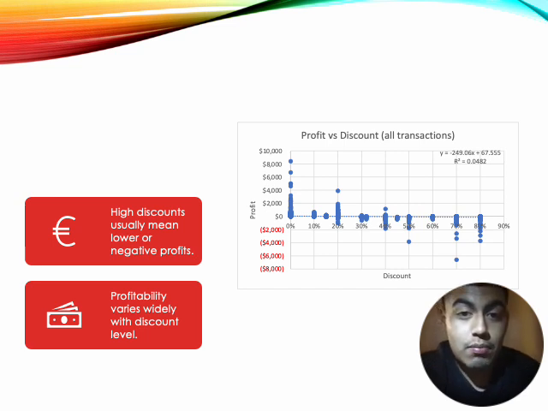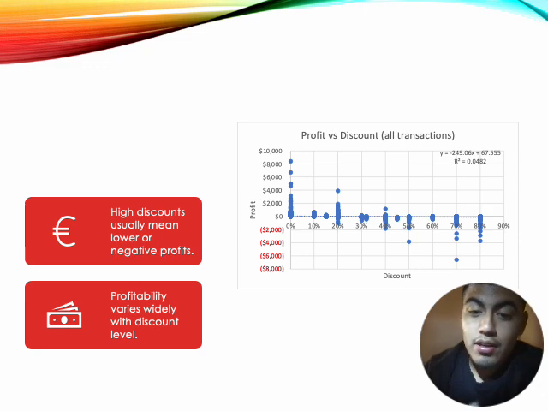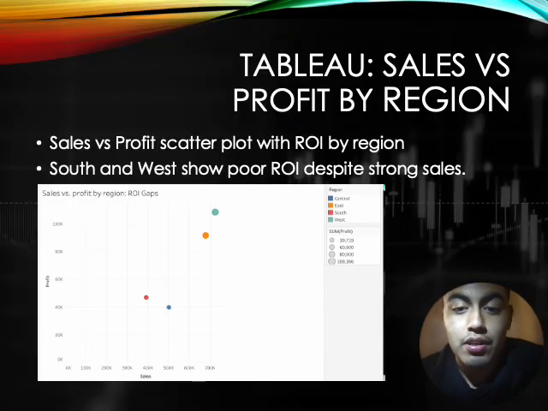This suggests the importance of implementing more strategic and targeted discount approaches rather than relying on broad discount increases, and that should be a focus based off of this profit versus discount transaction comparison.